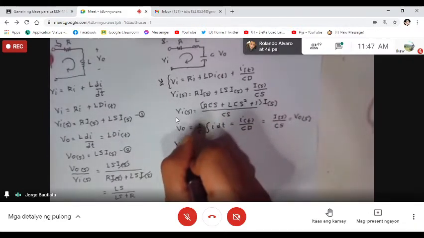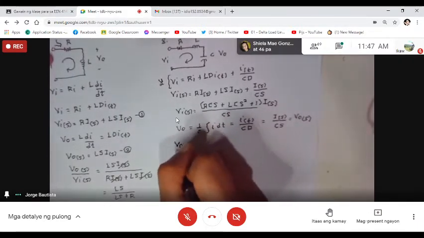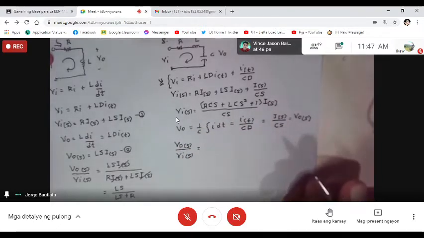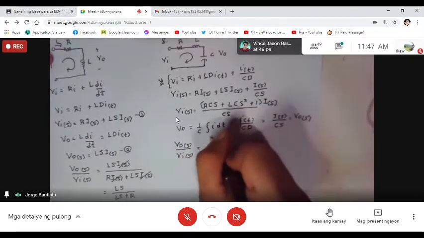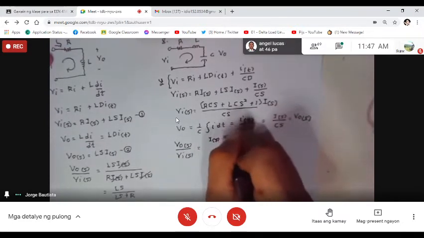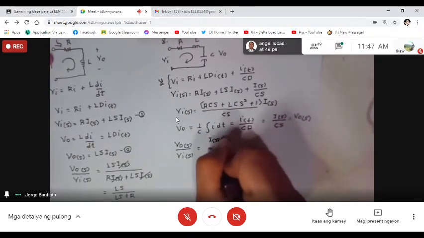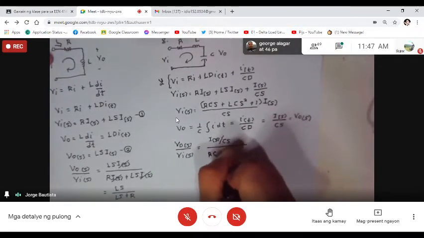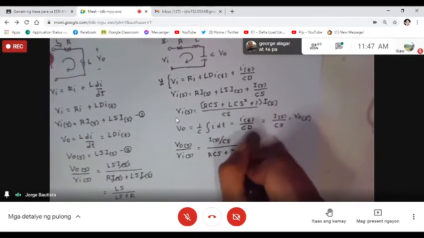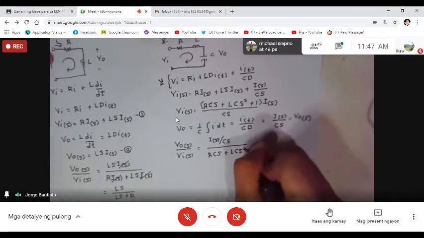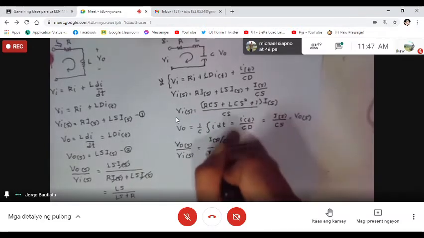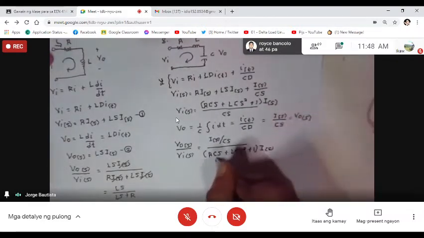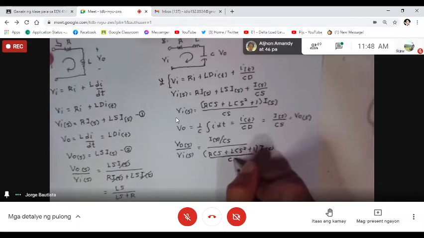So V sub O of S all over V sub I of S, that is, so I sub S over CS divided by ito, no? That is RCS plus LCS squared plus 1 multiplied by I sub S. Meron din siyang all over CS.